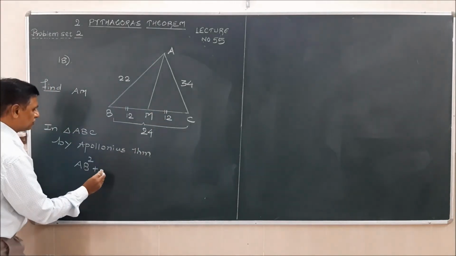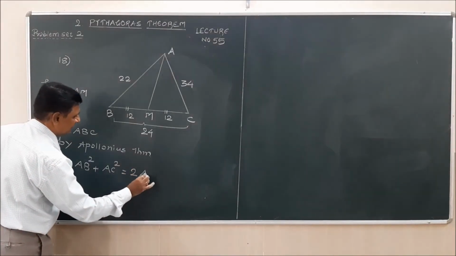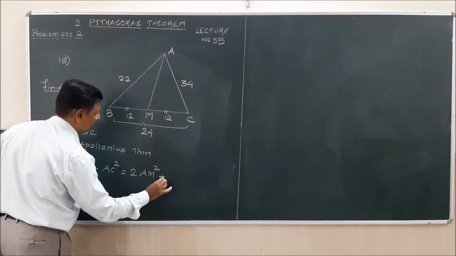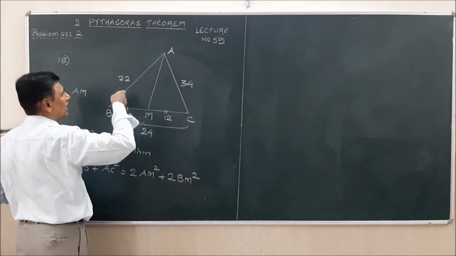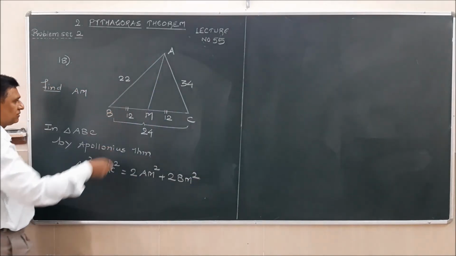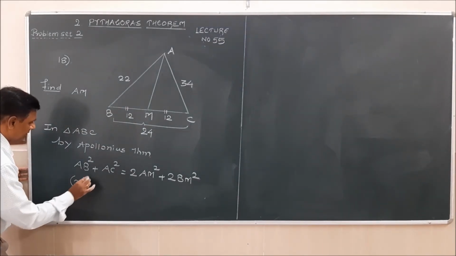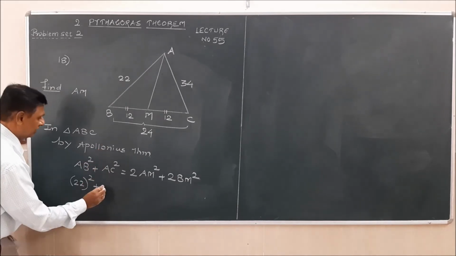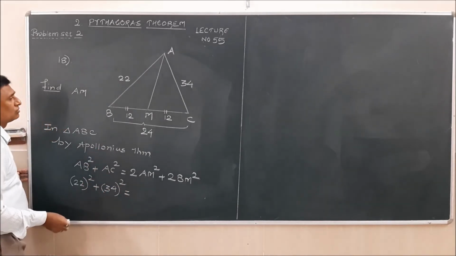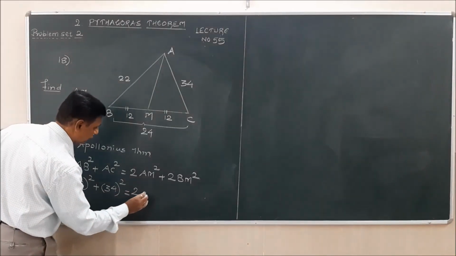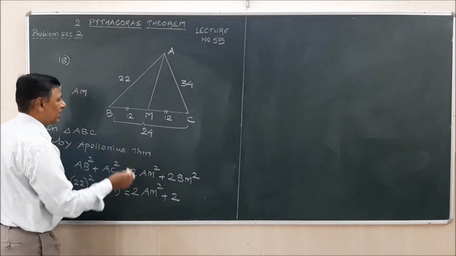AB square plus AC square is equal to twice AM square plus twice BM square. 22 square plus 34 square is equal to twice AM square plus 2 BM square.